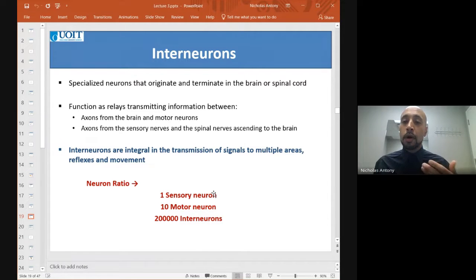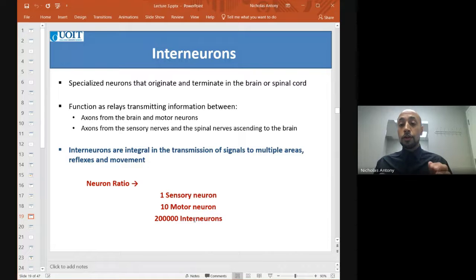The way the body has figured out how to control all this is that a lot of the functioning of the neurological system is involuntary, so it's controlled through interneurons. The ratio, which is interesting for you to remember, is that for every one sensory neuron, you have 10 motor neurons, and you have 200,000 interneurons.